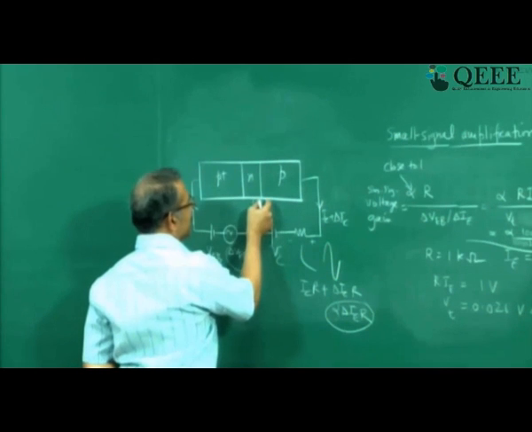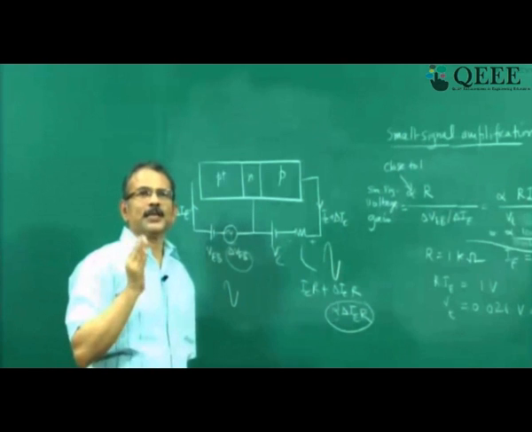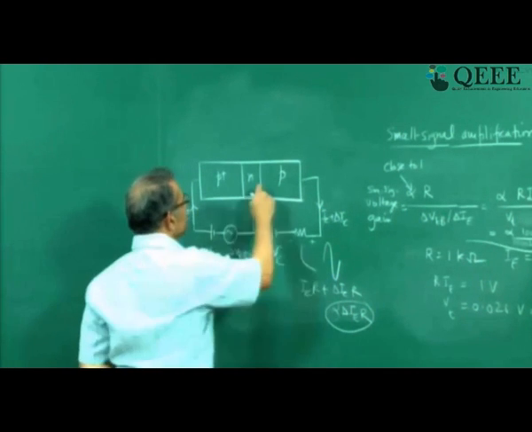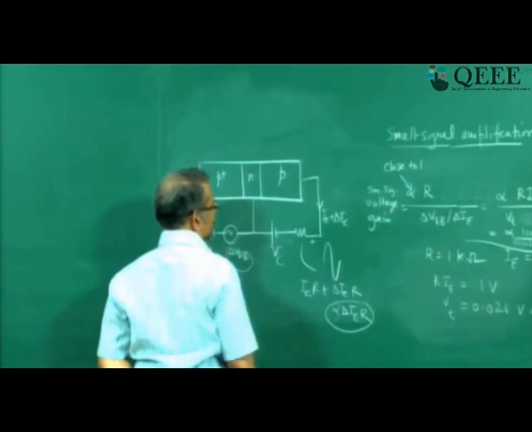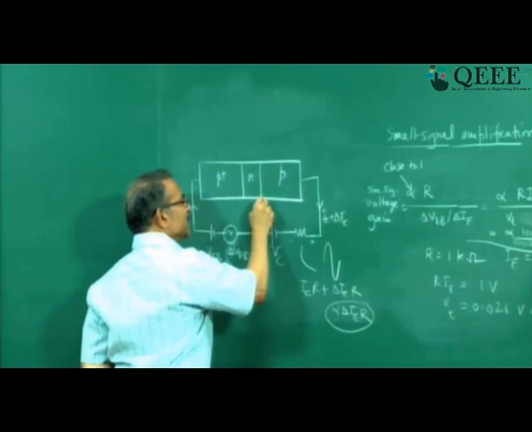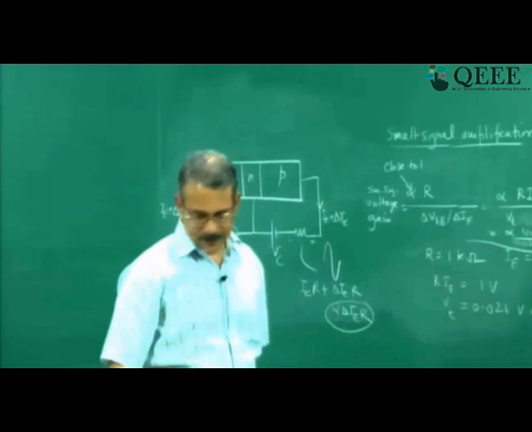So I cannot maintain a constant voltage across this, but forward bias destroys the current. So I accept reverse bias because the reverse bias current across this junction is very, very small. It does not affect the transistor action. So that is the role of this VC. It is to maintain this junction always reverse biased or at most zero biased.